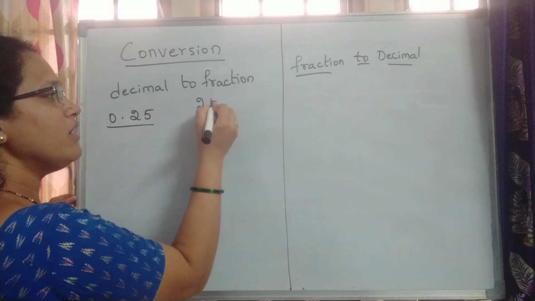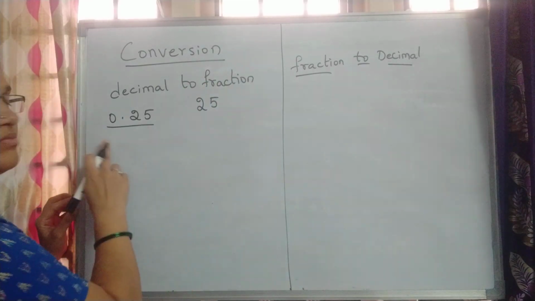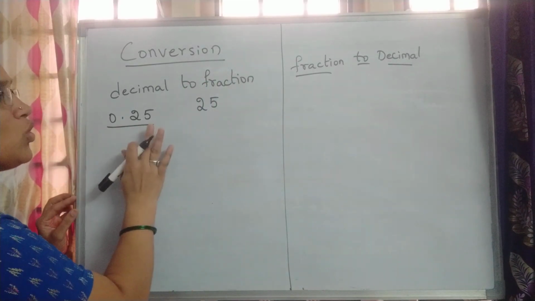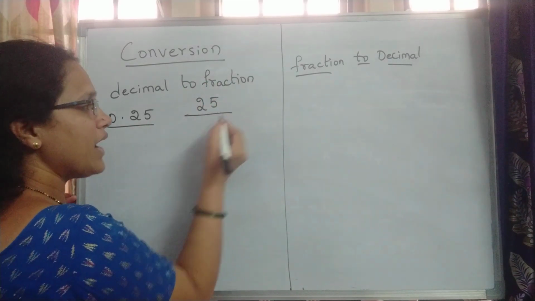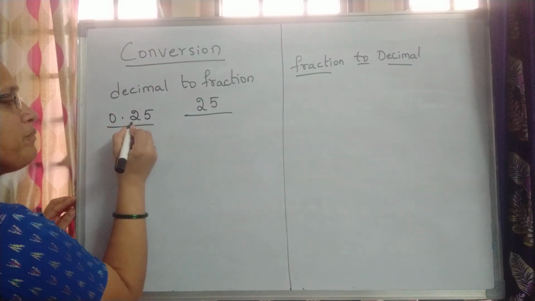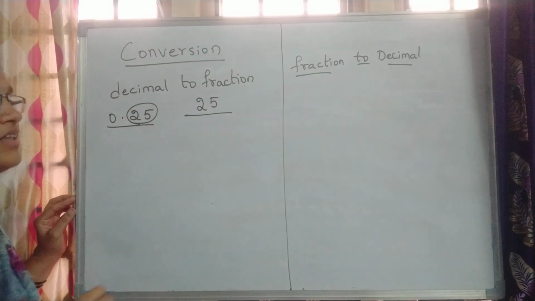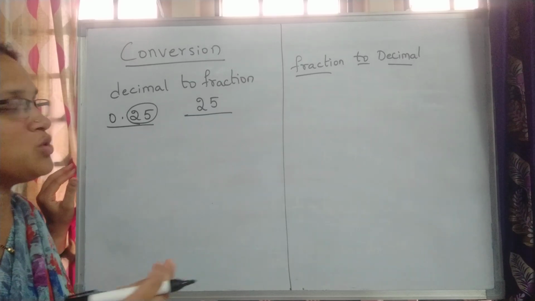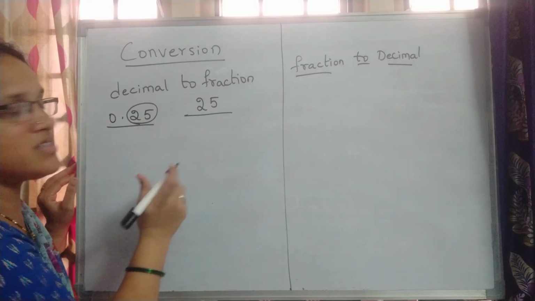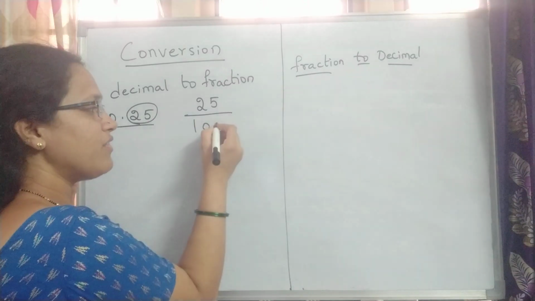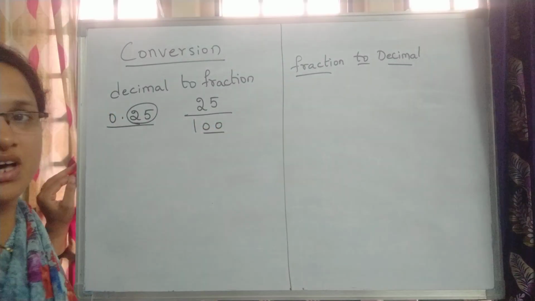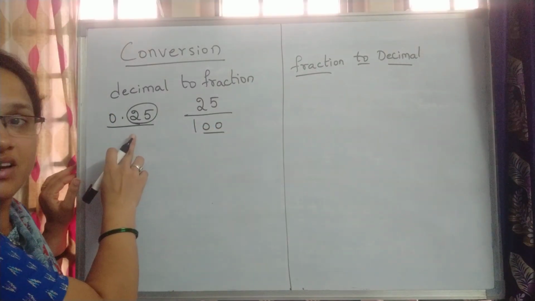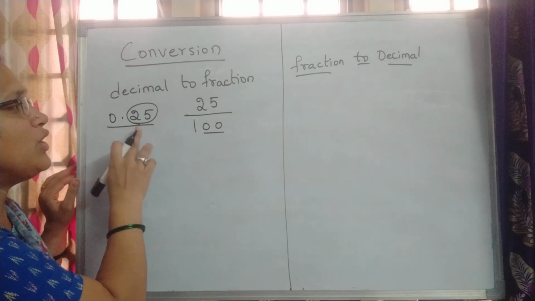Then check after the decimal how many digits or places there are. I have two places here, which denotes 100. That means these two zeros are indicated here. Is that clear? So 0.25.